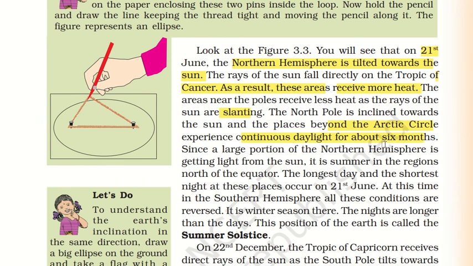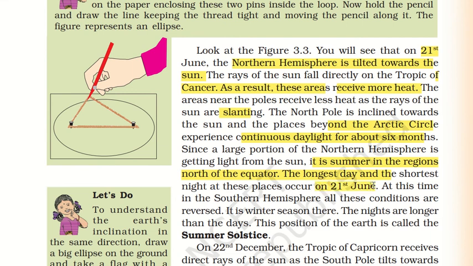As we can see, when the sun is on the Tropic of Cancer, the Arctic Circle experiences continuous daylight for about 6 months. And further, since a large portion of the northern hemisphere is getting light from the sun, it is summer in the regions north of the equator, and the longest day and shortest night at these places occur on 21st June.